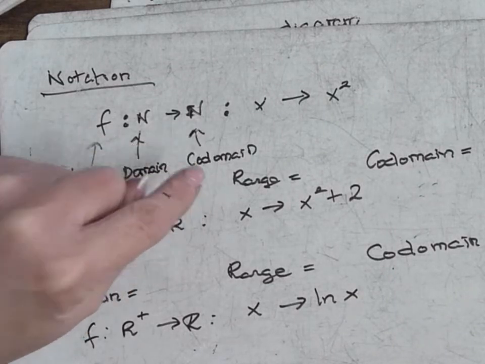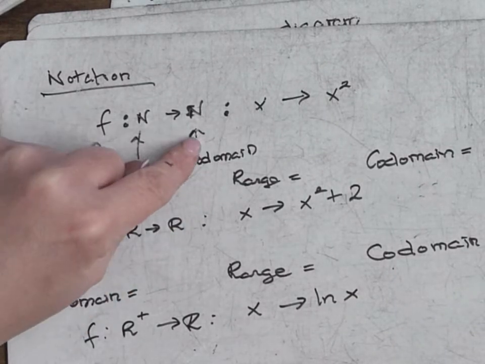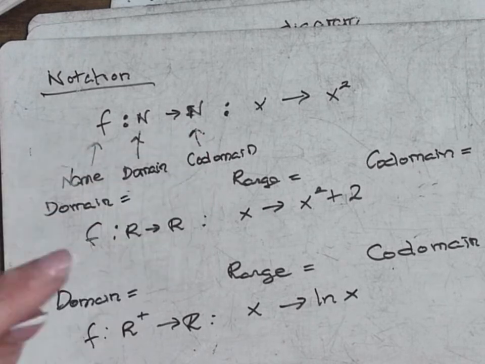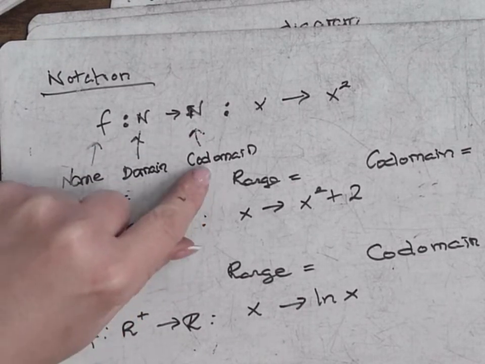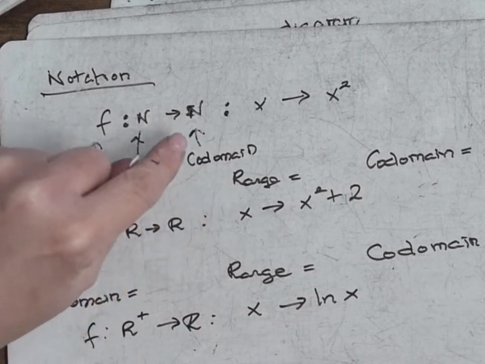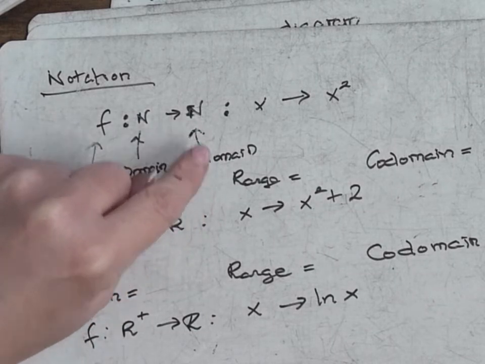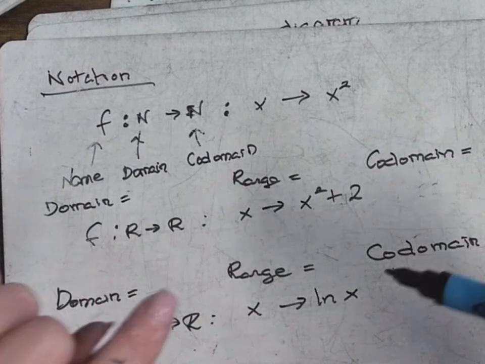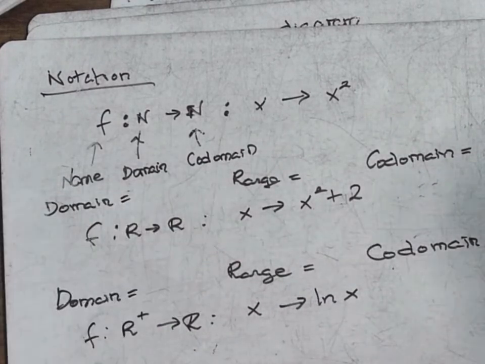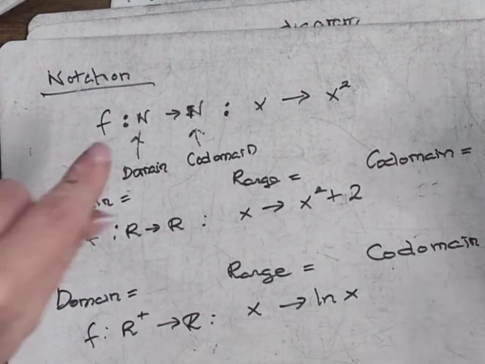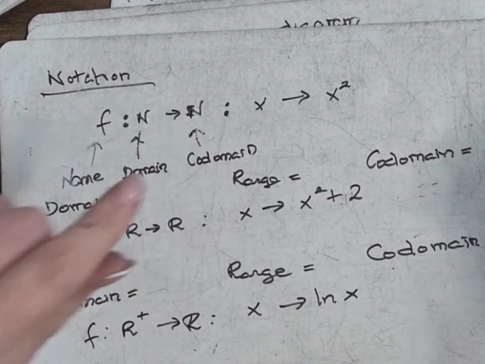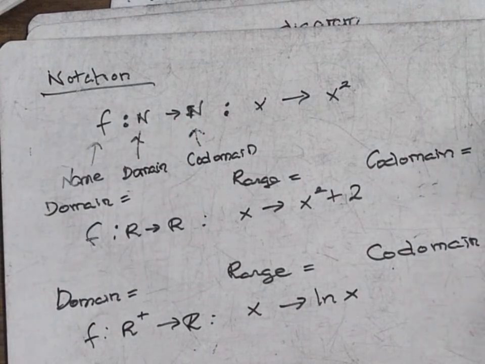All my codomain, all the possibilities, anything that comes out is also going to be a natural number. Not all natural numbers will come out. The range is the ones that actually come out, but the codomain is the possible ones that come out. So this just tells me that any natural number is a possibility.